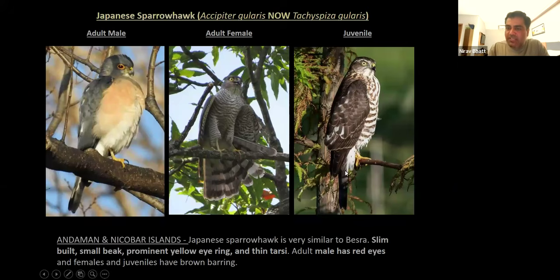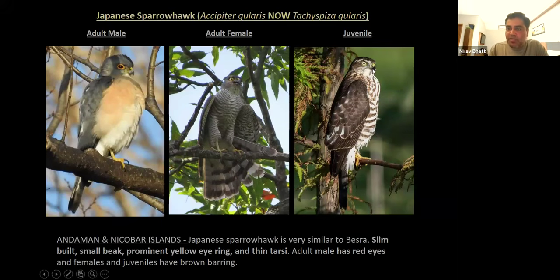So when you see this kind of bird in Andaman and Nicobar Islands, then on basis of elimination of Besra, because only Besra abdullahi, one subspecies of Besra, is seen there, but this is a rather more commonly seen species in Andaman and Nicobar than the Besra. So identification of the Besra subspecies of Andaman is a little difficult, but this is very likely to be the species if you see such a kind of thing here.